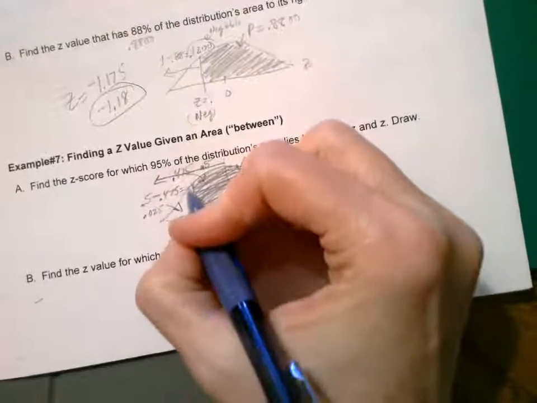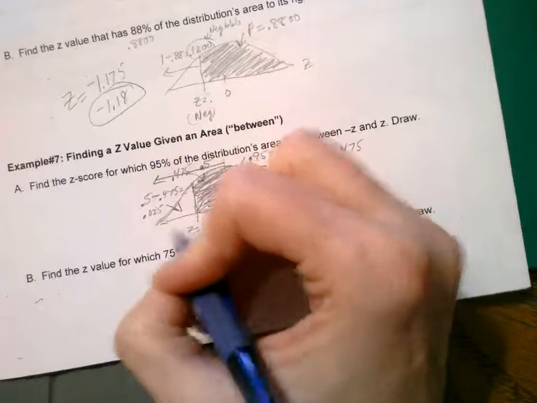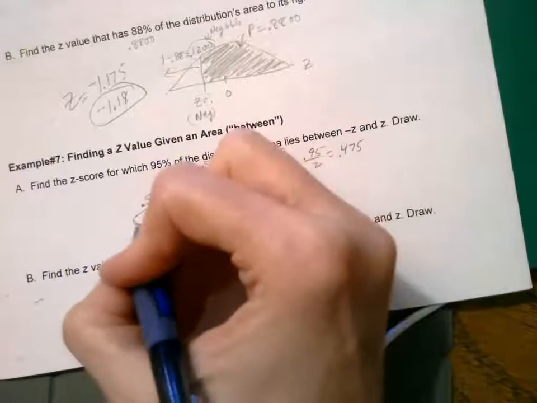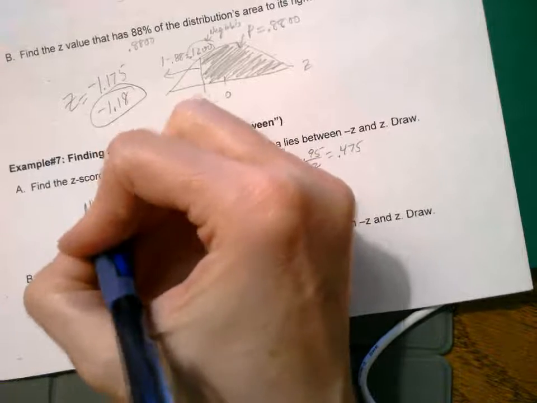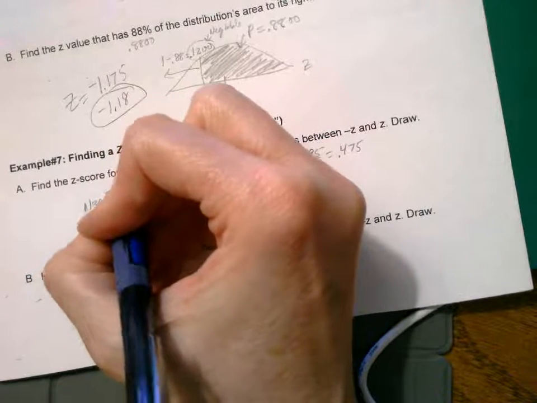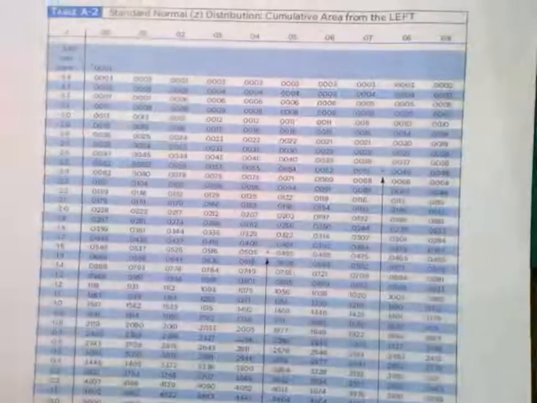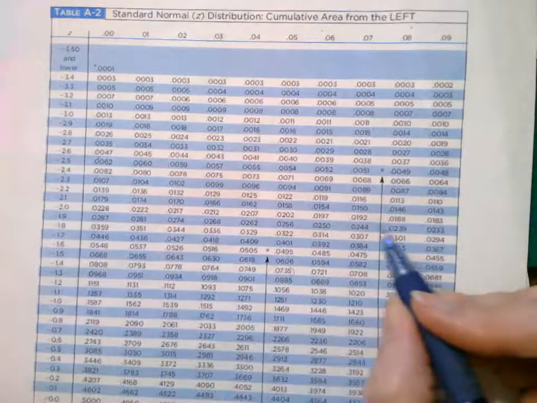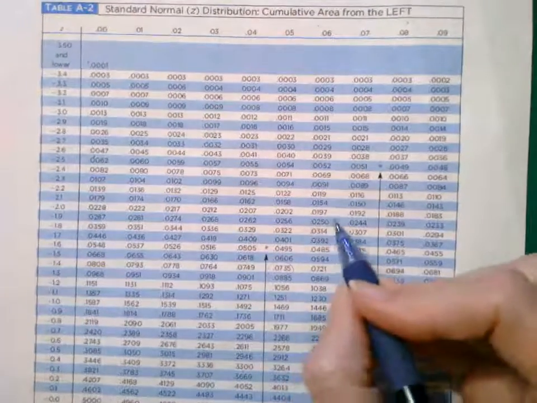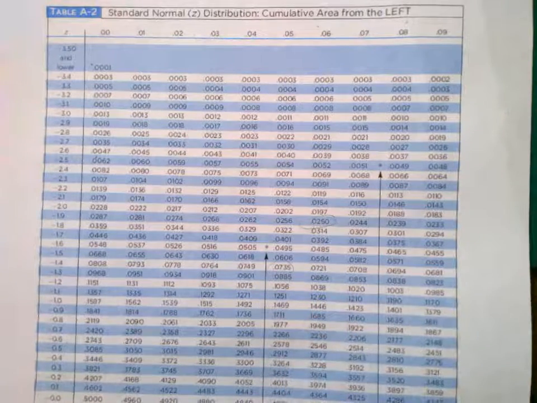So I can get something to the left. So I can look at this area in the negative z table. 0.025 right there. That is at negative 1.96.